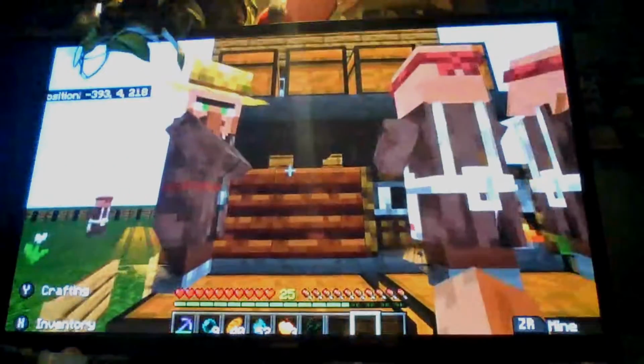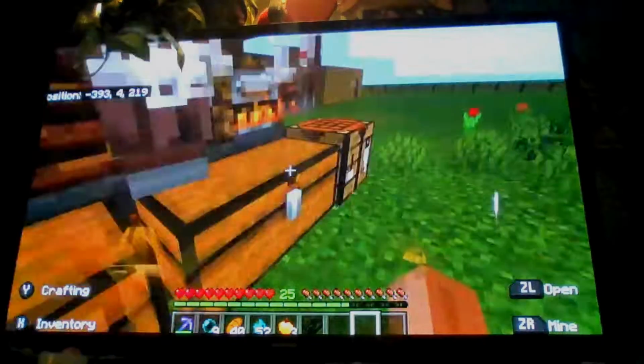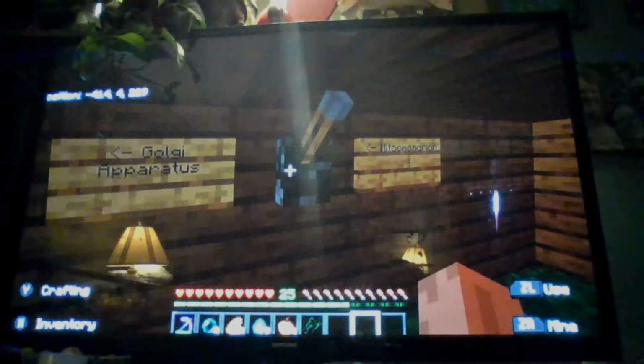And then these smokers smelt the kelp. And that's the same over here, except they go in composters to turn it into bone meal. And then, whenever we decide we have enough dried kelp to last us a lifetime, which we already do, we can just flip the switch, and it's done.